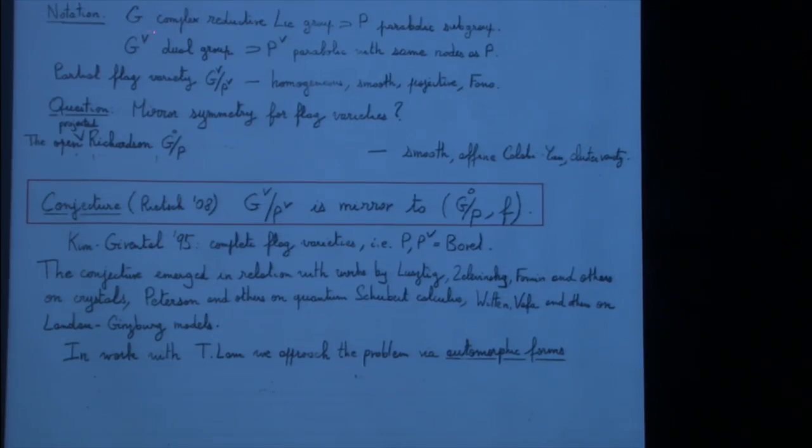So you have G and the parabolic P. The mirror here is this open projective Richardson, where you take this projective G mod P and remove one anti-canonical divisor.